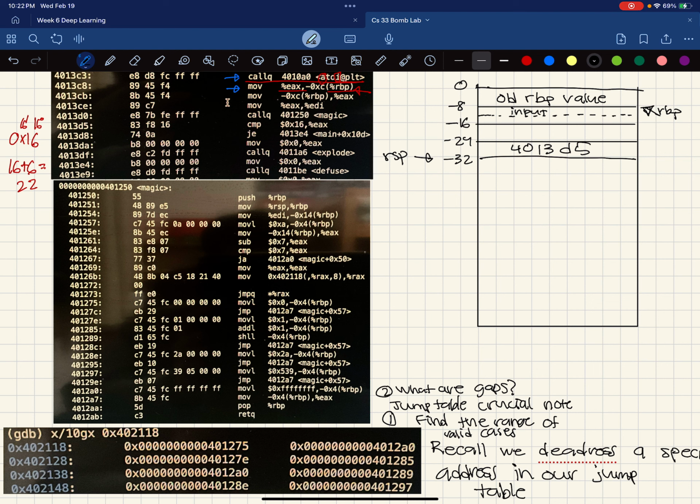Yeah, so RBP is pointing right here. So we're gonna save that. And this is just convention of what we call these saved registers. Yeah, so we're gonna push RBP. Let's say RBP is equal to -8.